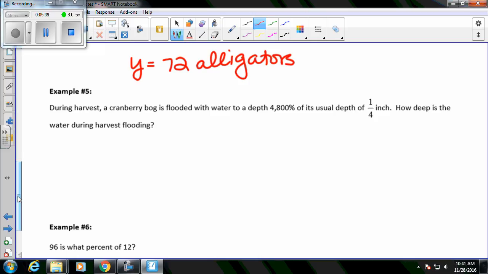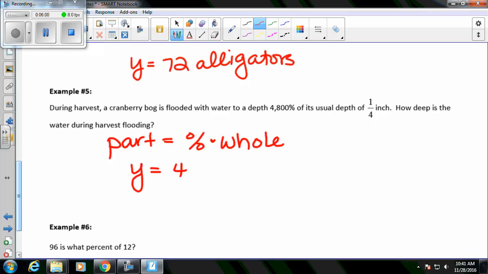During the harvest, a cranberry bog is flooded with water to a depth of 4,800% of its usual depth of 1/4 inch. How deep is the water during harvest flooding? Well, let's do our part equals the percent times the whole. So I'm looking for the part. Oh, my percent is huge. 4,800 over 100 times 1/4.